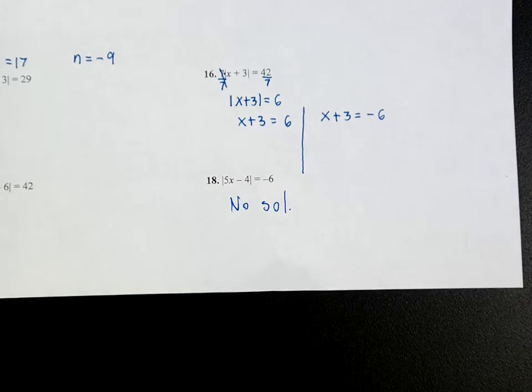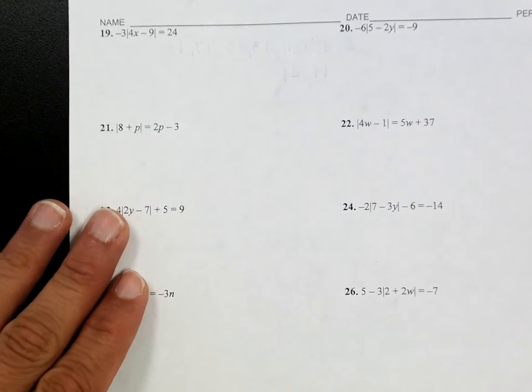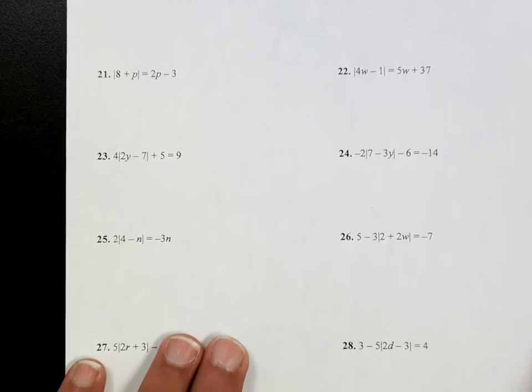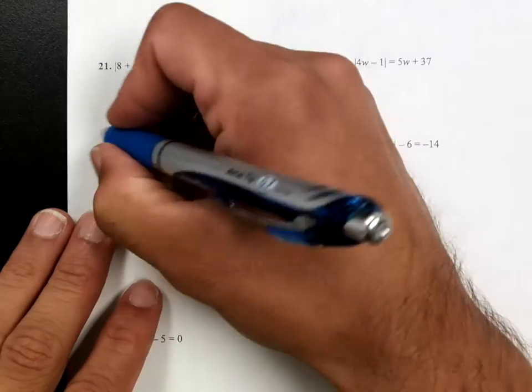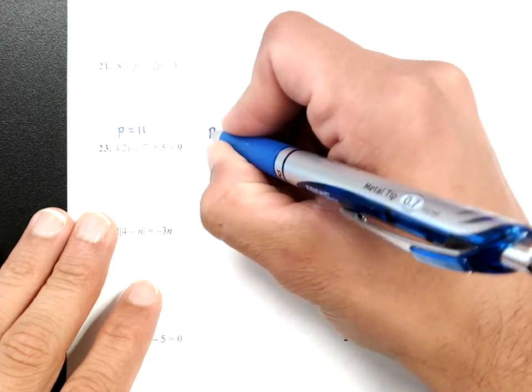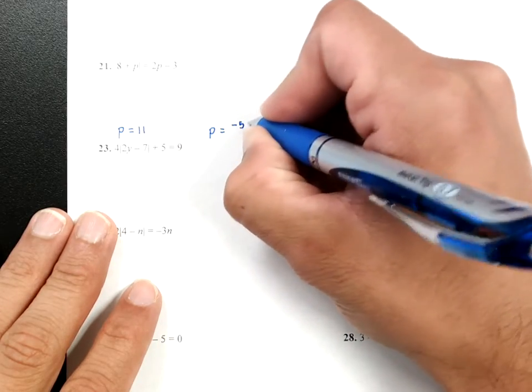Now I'm going to give you a few more answers. I'm not going to work anything else out for you. I'm not going to give you 19. I want to let you figure that out. On this one, you got p is equal to 11, and then you got p is equal to negative 5/3.